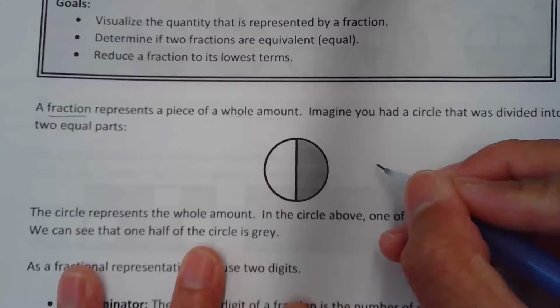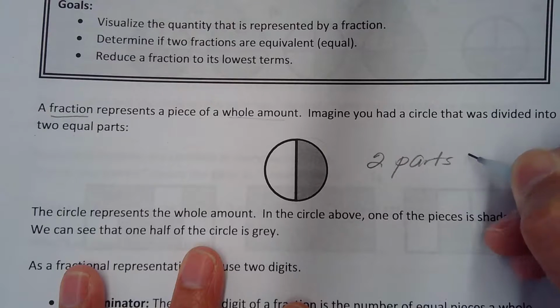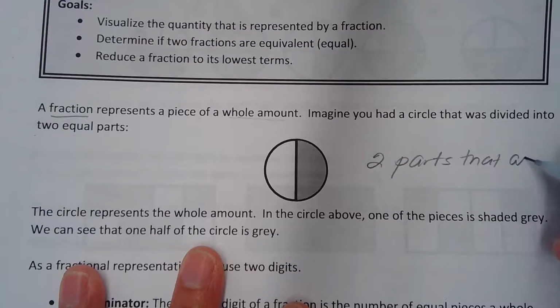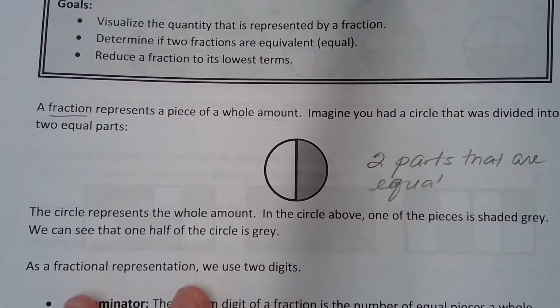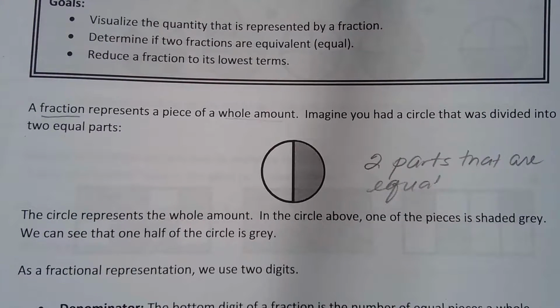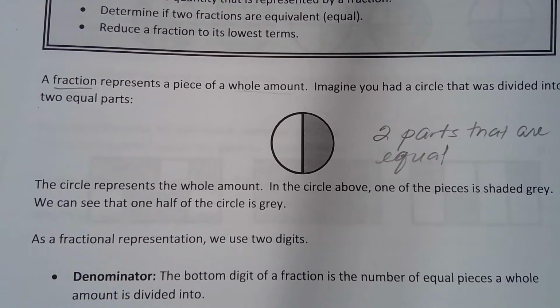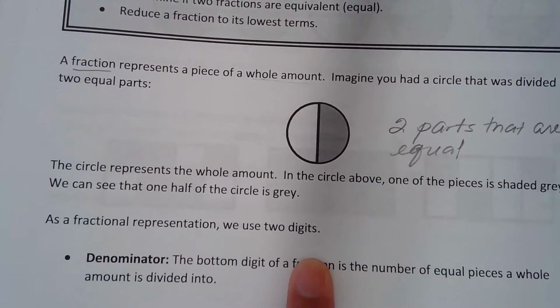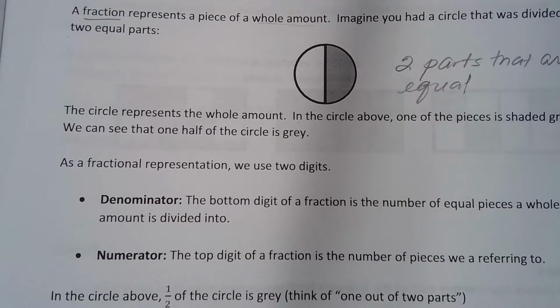I'm just going to put here 2 parts that are equal. As a fraction representation, we use 2 digits. We're going to have 2 numbers, and sometimes I call it the top number and the bottom number.